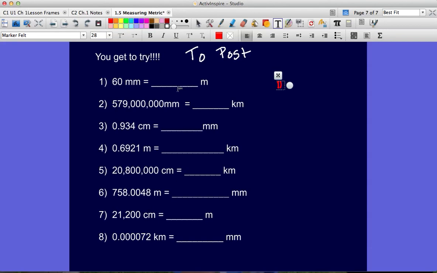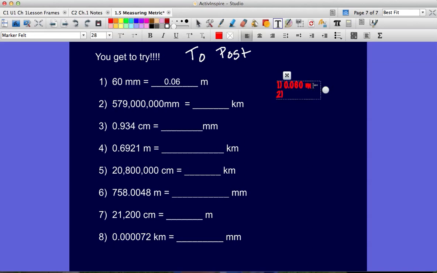So I know that I moved the decimal 3 places to the left. So my answer is going to be 0.060, or 60 thousandths. But make sure that you put your label on it. And that is all I'm looking for when you're posting.